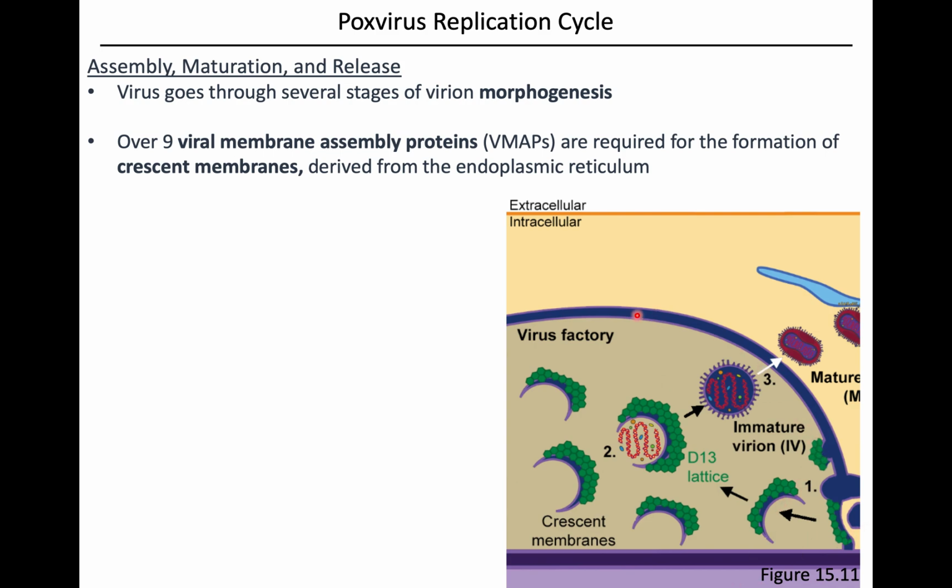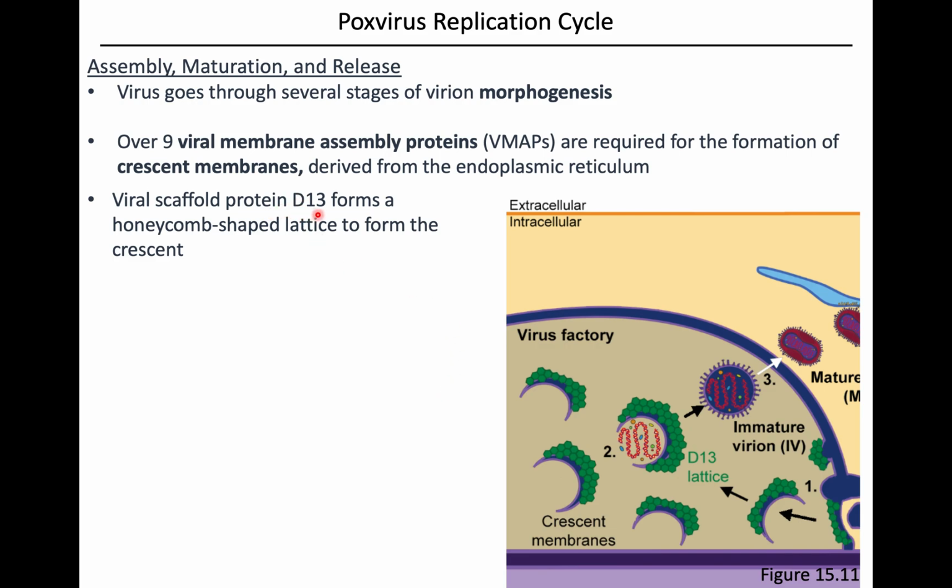And remember, all the replication was happening in this virus factory, right at the surface of the nucleus. So in this picture, you've got the nucleus at the bottom, cytoplasm in yellow, and outside of the cell up here in white. And here we are in this little virus factory. We'll have what are called crescent membranes. These are little pieces of membrane that were basically stolen from the ER, and they're shaped by this scaffolding protein called D13, which are the green little hexagons in this cartoon.